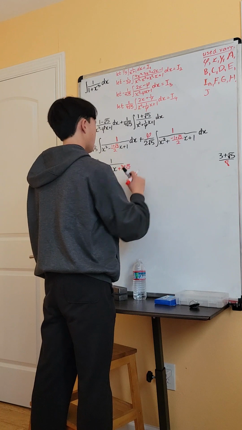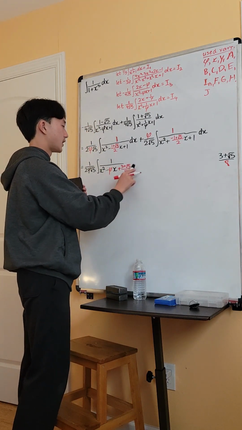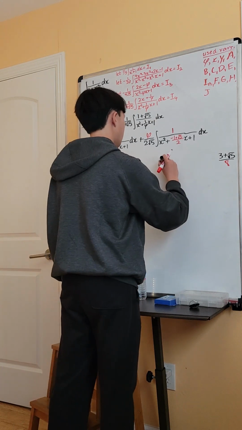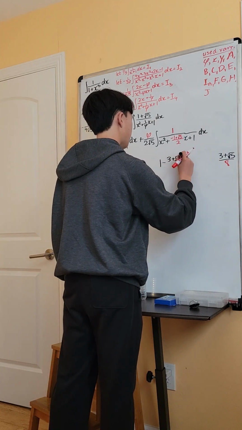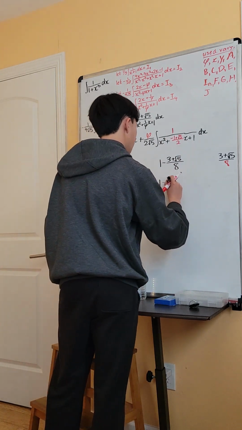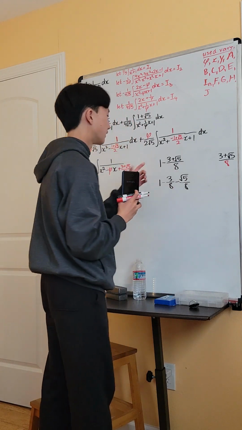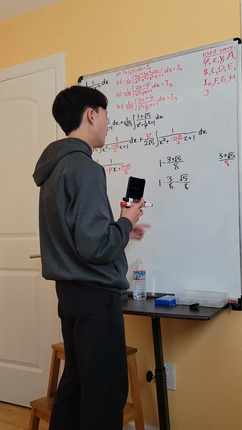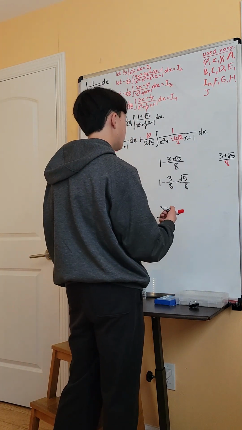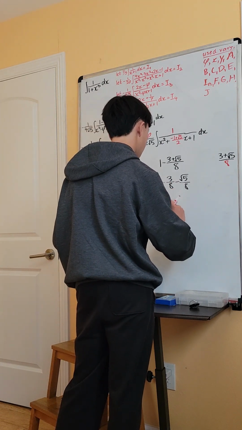Okay, and then now you want to subtract it again. So what's remaining is the 1, and then the minus this. So let's compute that. You get 1 minus 3 plus root 5 over 8. So you get 1 minus 3 over 8 minus root 5 over 8, right? Because the negative sign distributes, you can split the fraction. 1 minus 3 over 8 is just 5 over 8.